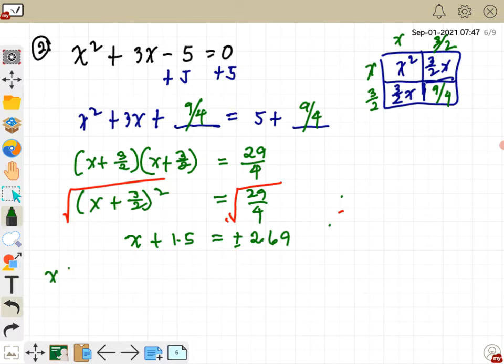One for the positive square root, which is 2.69, and the other for the negative square root, negative 2.69. Okay.